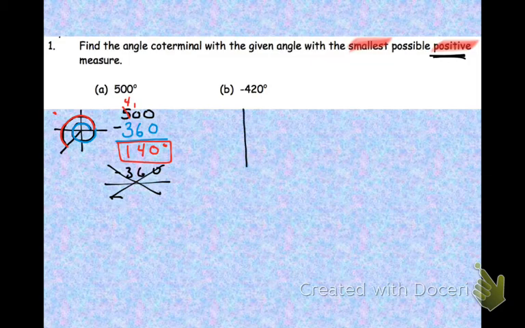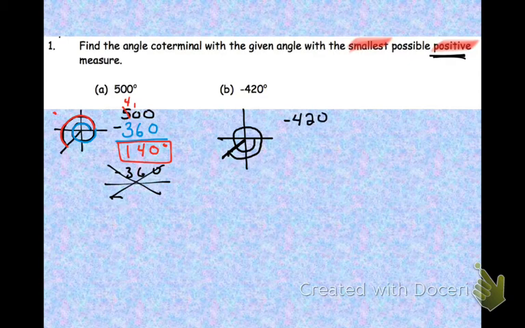Similarly, looking at the second one here, we have negative 420. So that means now, instead of going in the positive direction, we're going to be going in the negative direction. So we go around once, and that gets us 360, and then we need to figure out exactly where this ends again. So I'm just going to draw it over to here somewhere, and you'll get the idea. So we have our negative 420.